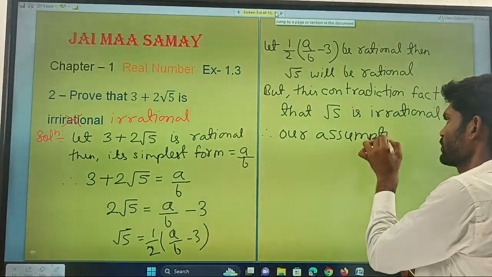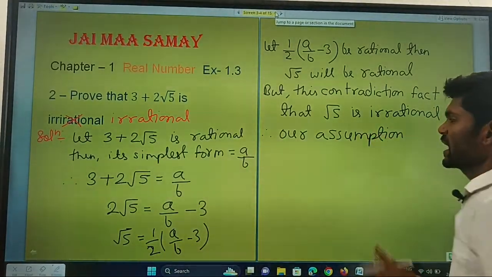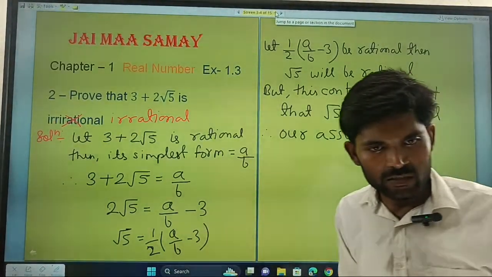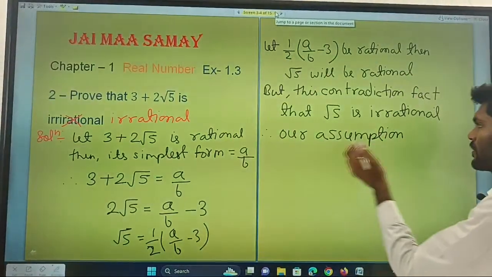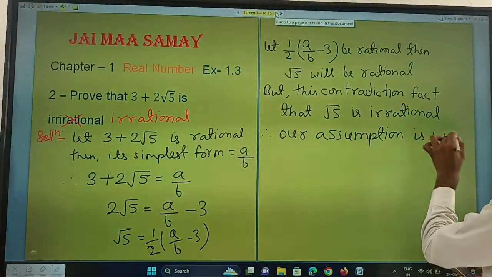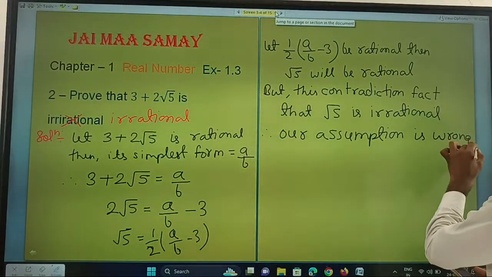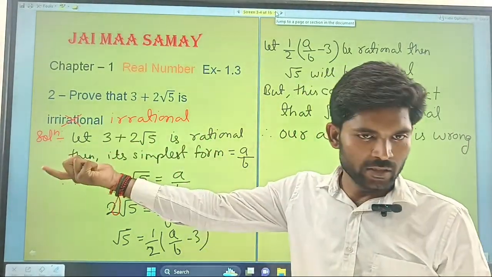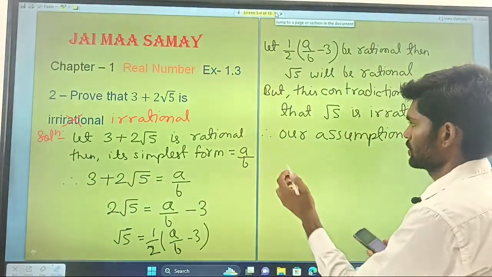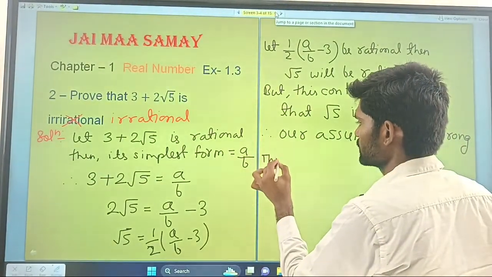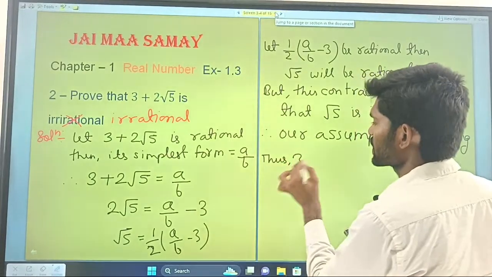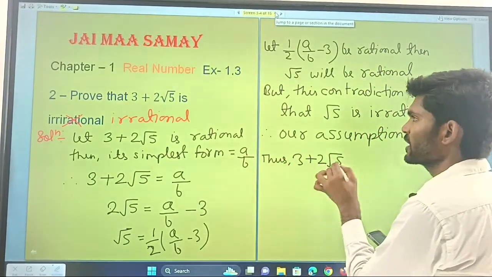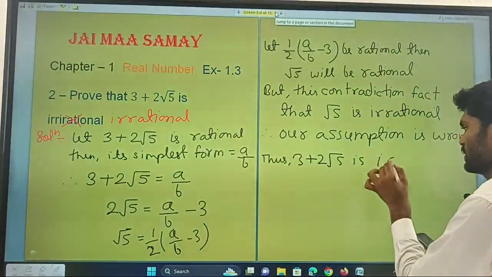Assumption means imagination. Okay, our assumption is wrong. If our assumption is wrong, then what? Rational is wrong, so then what is correct? Irrational. Thus 3 plus 2 under root 5 is irrational.